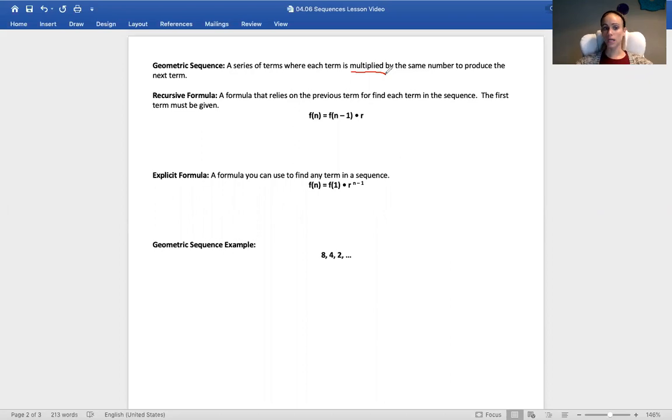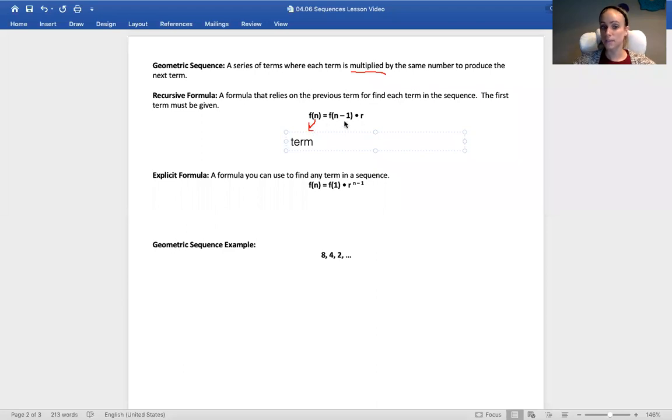Just like arithmetic, we have a recursive and an explicit formula. As we go through these, I believe that you will notice there are several similarities between the forms. So recursive formula is, once again, a formula where you need the previous term. So our n, as always, stands for our term.